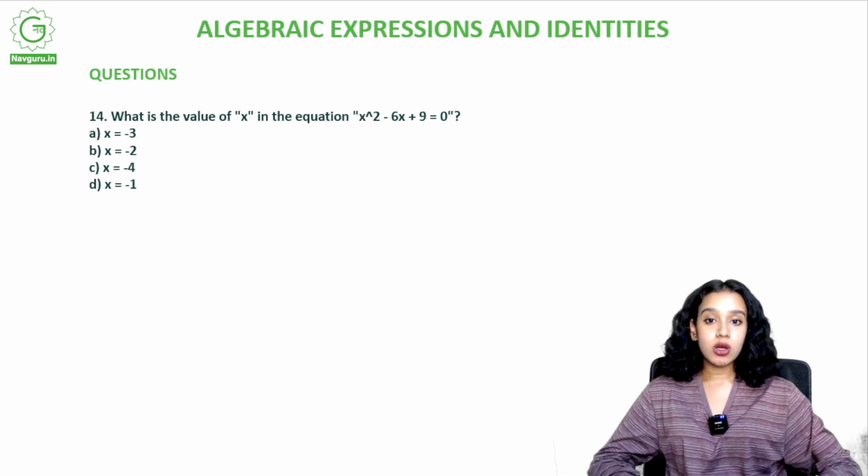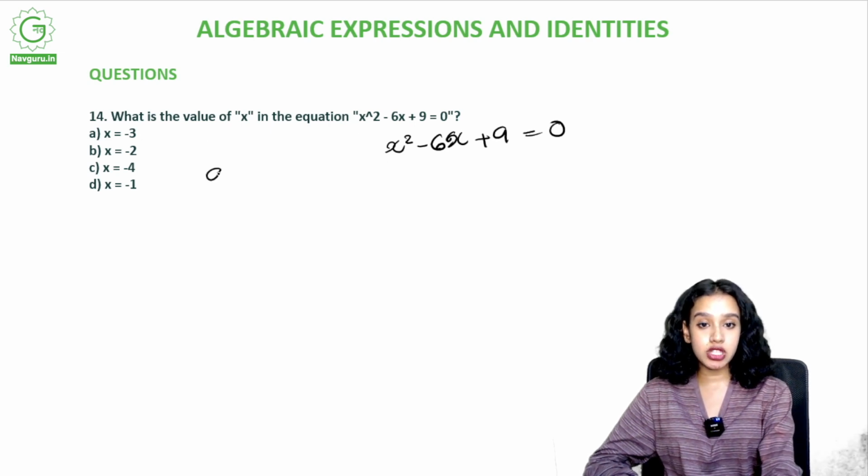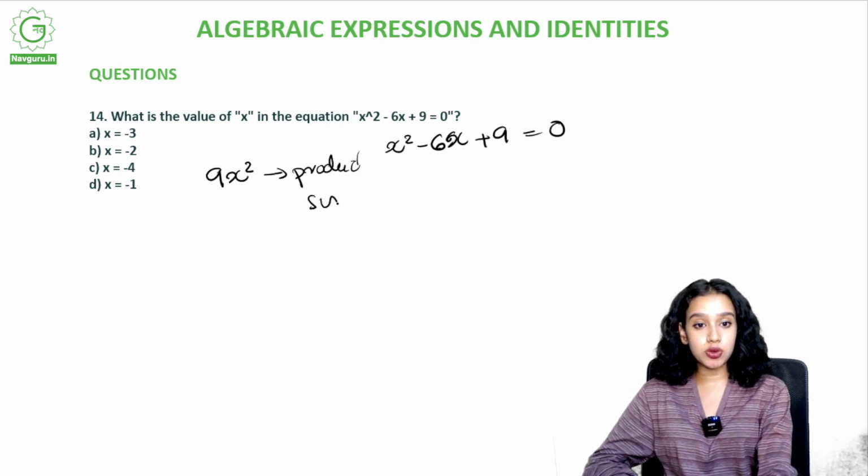Now, what is the value of x in the equation x square minus 6x plus 9 is equal to 0? So we have x square minus 6x plus 9 is equal to 0. Let's find the product of the first and the last term, which gives us 9x square as the product, right? And the sum is equal to minus 6x.